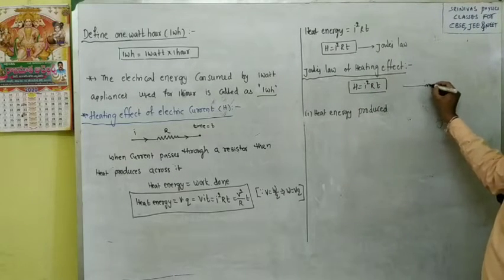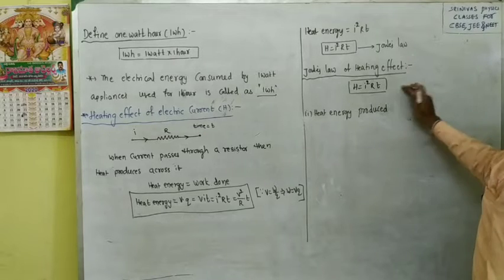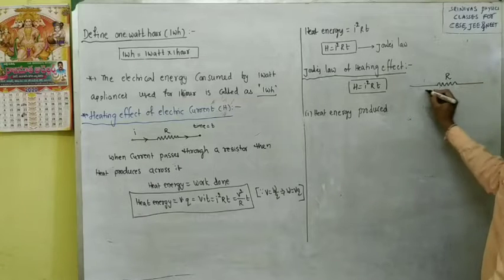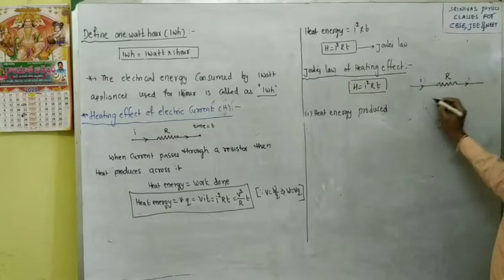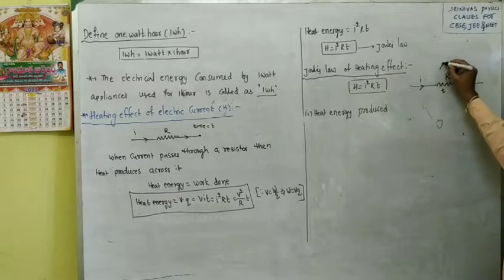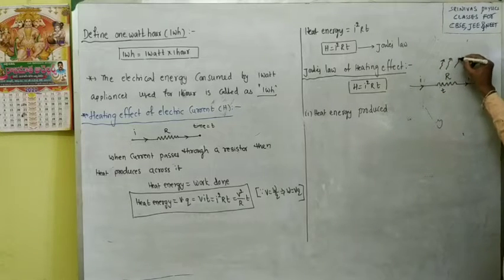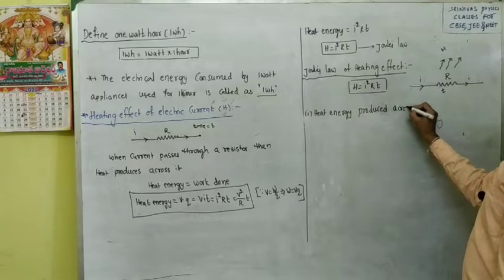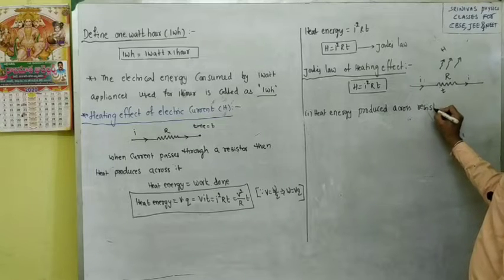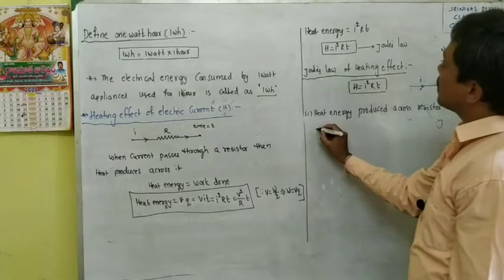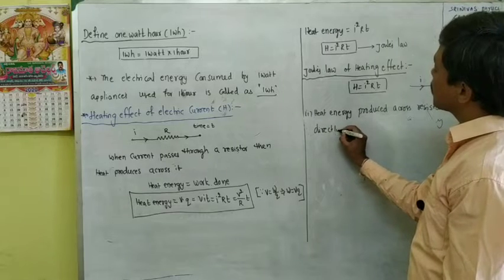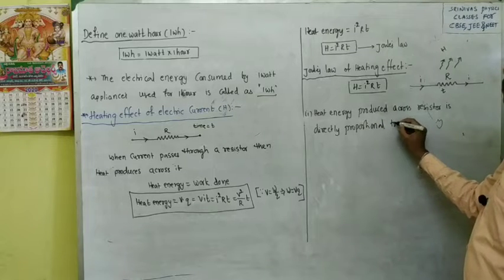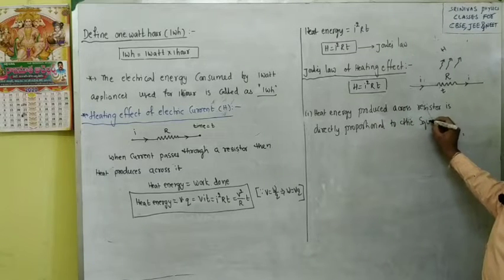This is a resistor or a heater. Some current passes through it, and across this heat develops. The heat energy produced across a resistor is directly proportional to the square of current.